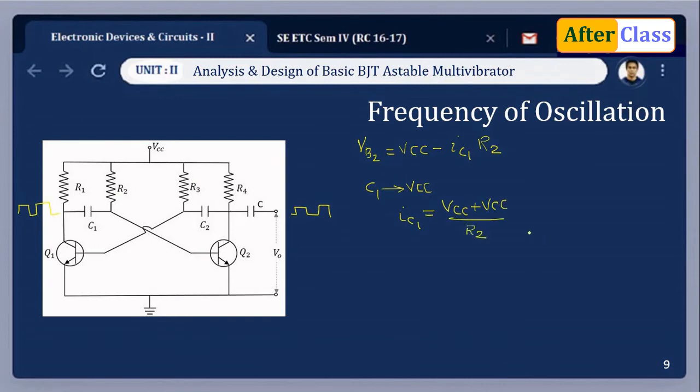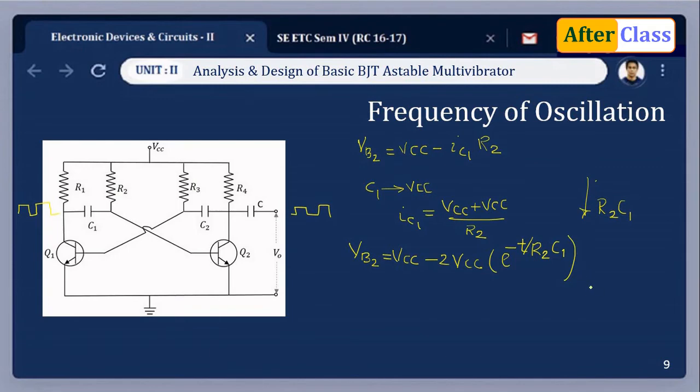The current decays exponentially with a time constant of R2 C1. So VB2 equals VCC minus twice VCC e to the power minus t by R2 C1. Now the transistor will be switched on when VB2 equals 0 volts.